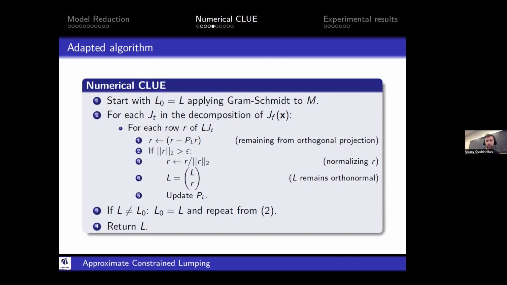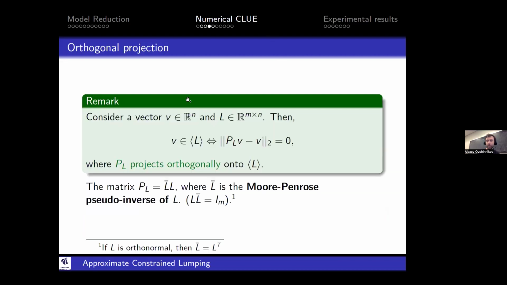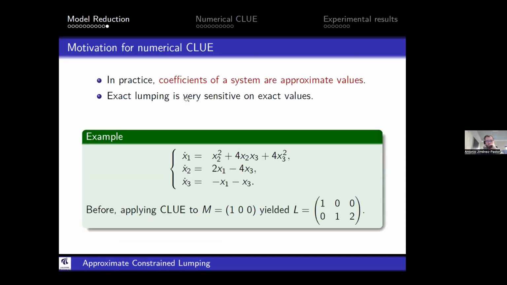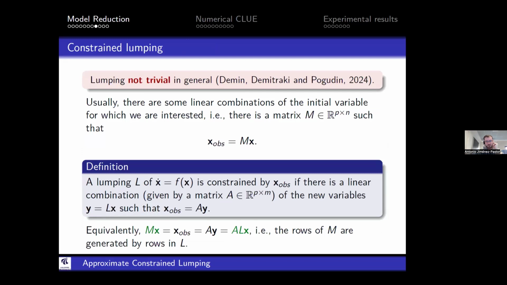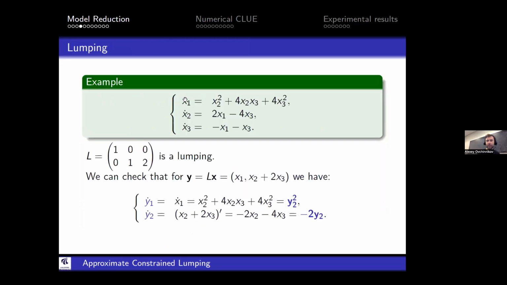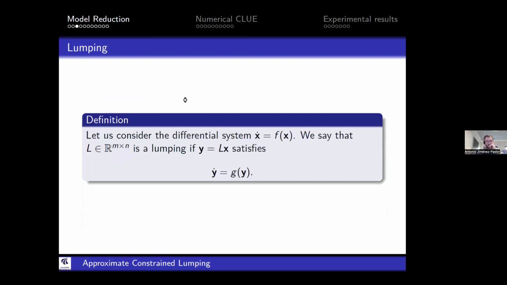You showed the code, but can we go back to the problem statement and try to put epsilon there? But where exactly? I think I didn't even put the problem statement by itself. I missed the first 5 minutes, so I wasn't sure. In the talk, I basically said what a lumping was, and then you compute the minimal lumping such that the observables are in there.